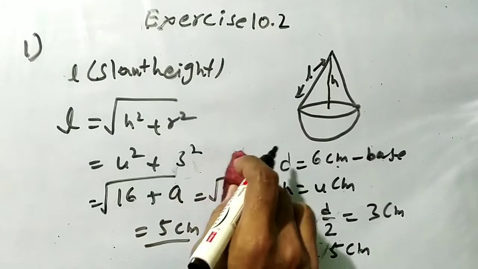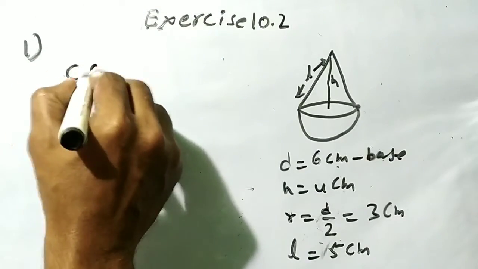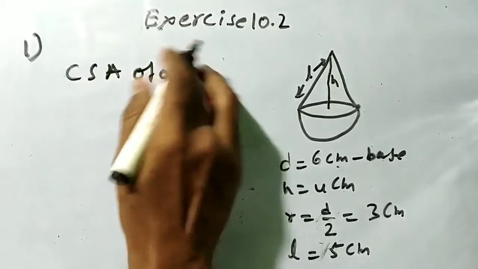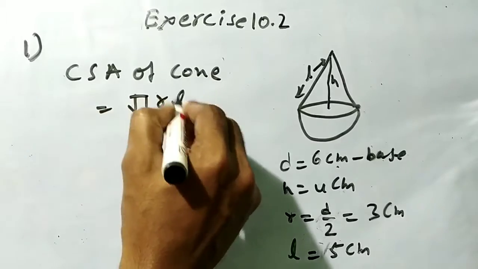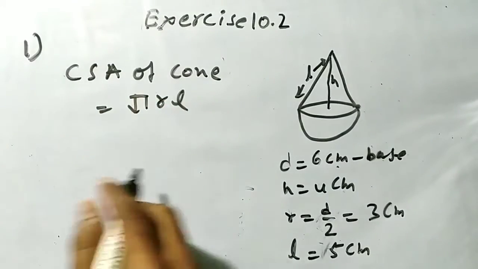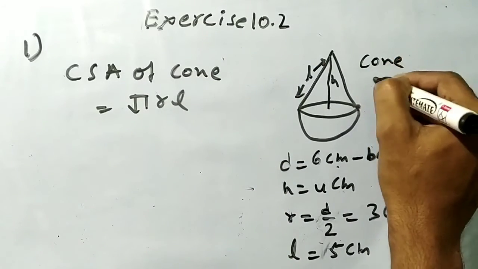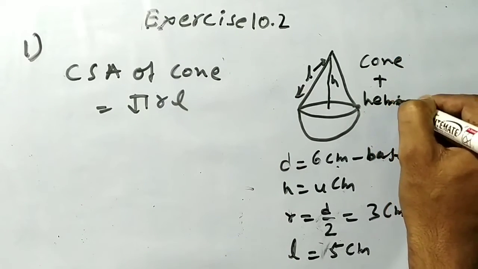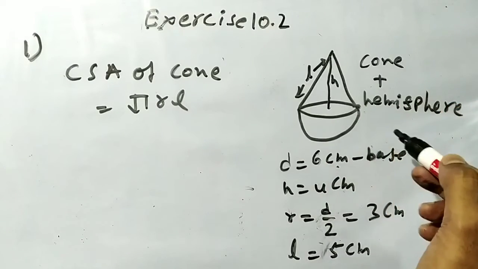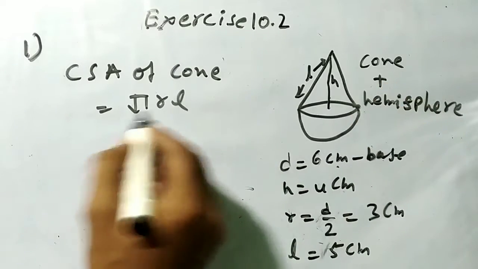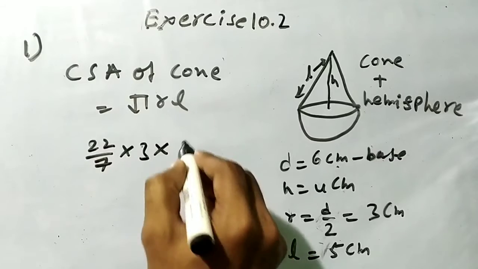So we will find the curved surface area of the toy right now. CSA of a cone is, we know already, pi r l. Here we have to combine the CSA of a cone plus hemisphere, which makes a toy, a cone mounted on a hemisphere. So that is 22 by 7 into r is equal to 3 into l is equal to 5.